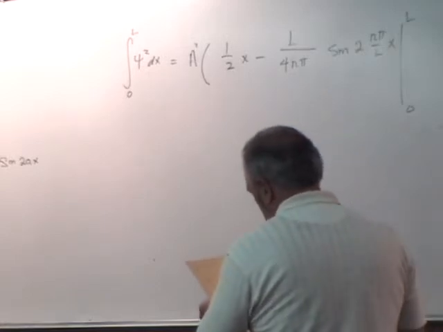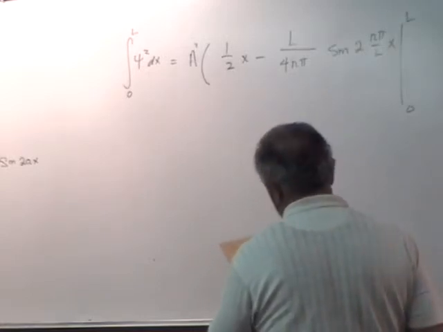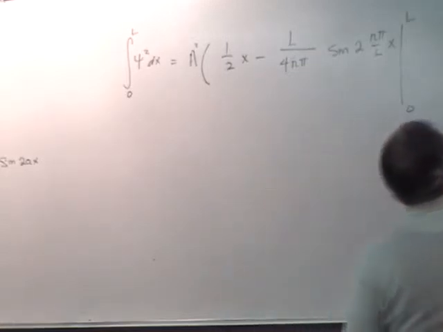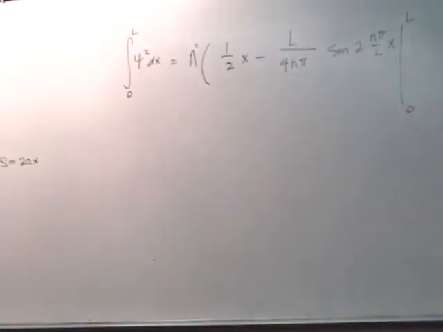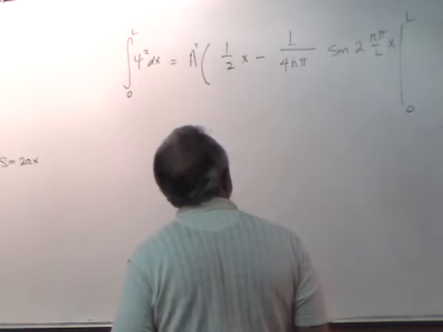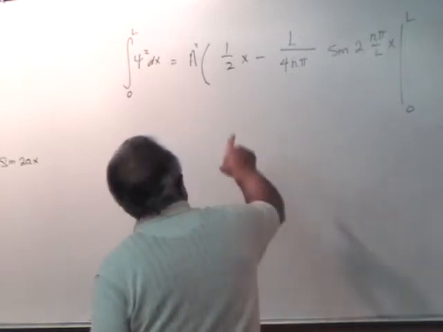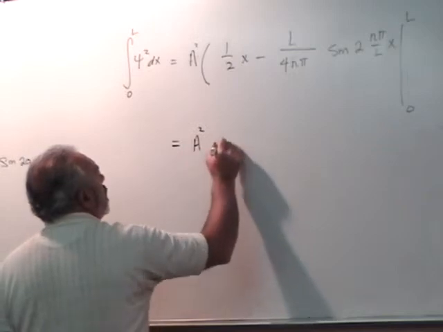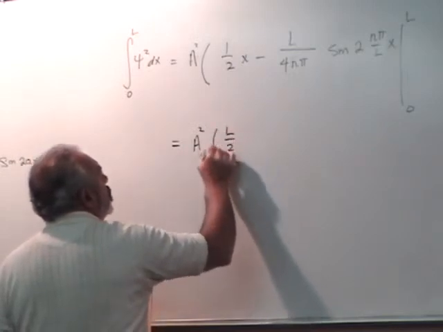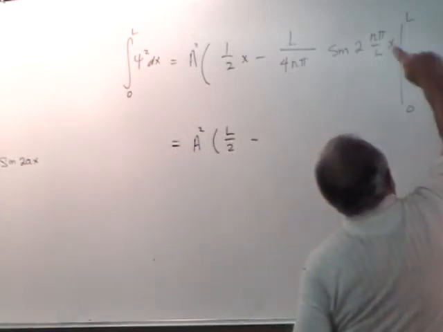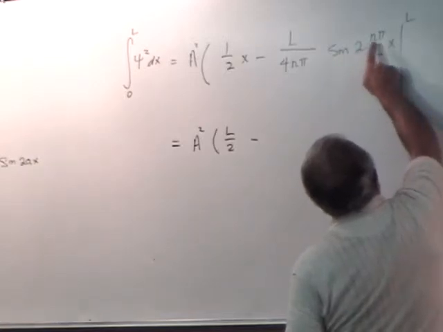Now let me check this out before I continue. A squared times 1/2 x minus L over 4 pi n sine 2 n pi over L x evaluated between 0 and L. So if I put in L for x, notice that I get A squared times L over 2 minus, and if I put in an L for x, then it's sine of 2n pi.